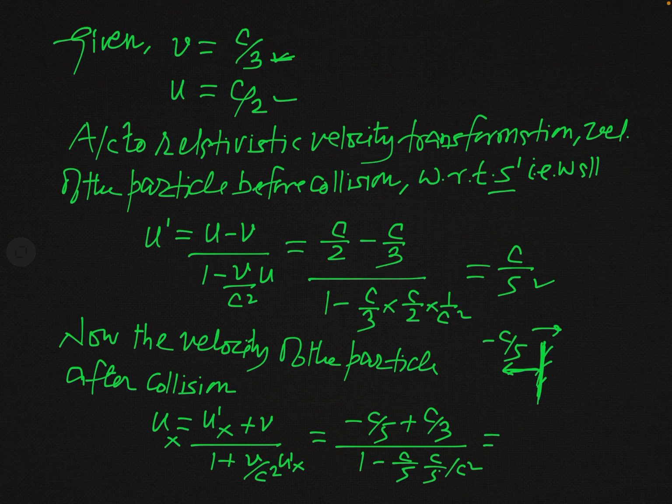So this will be equal to, after simplification, taking the LCM, you will find that this is c into minus 3 plus 5 divided by 15, and divided by, here c will cancel out, 15 minus 1 over 15.